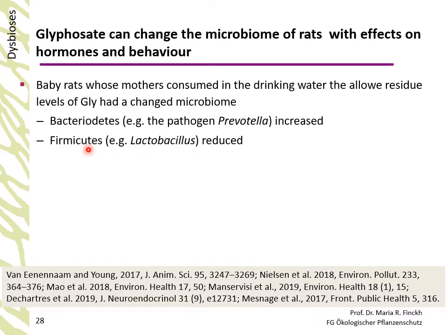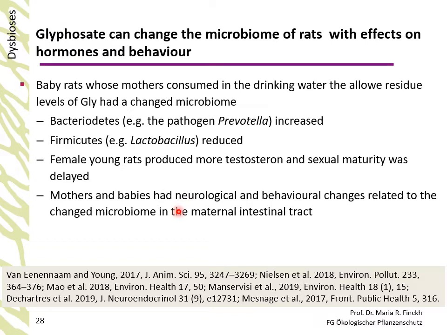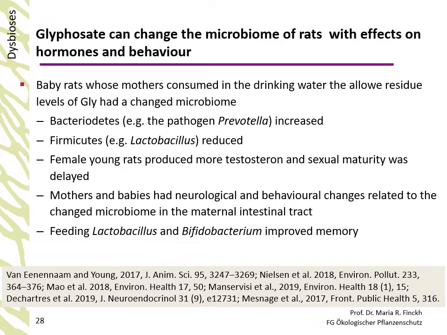For example, the pathogen Prevotella was increased and lactobacillus was reduced. And lactobacillus usually is beneficial. Female young rats produced more testosterone and sexual maturity was delayed. And the mothers and babies had neurological and behavioral changes related to the changed microbiome in the maternal intestinal tract. And if they were fed lactobacillus and bifidobacterium, the memory improved.